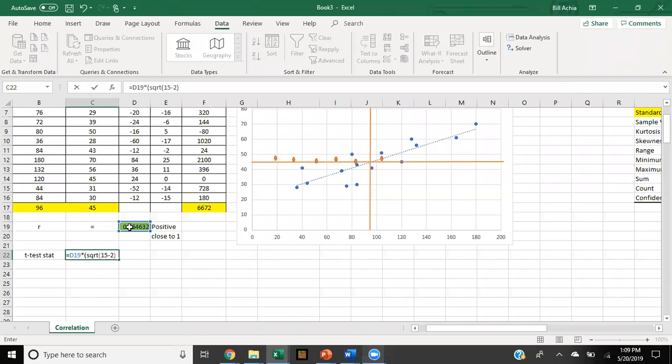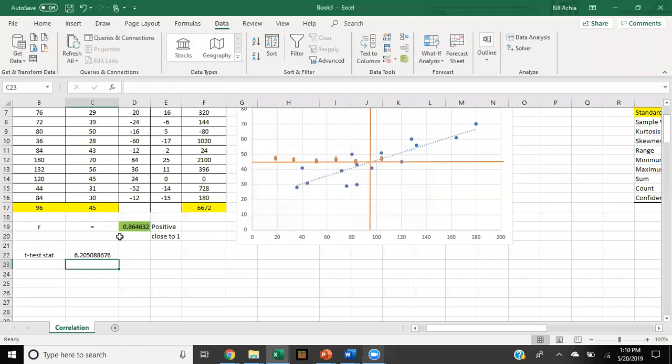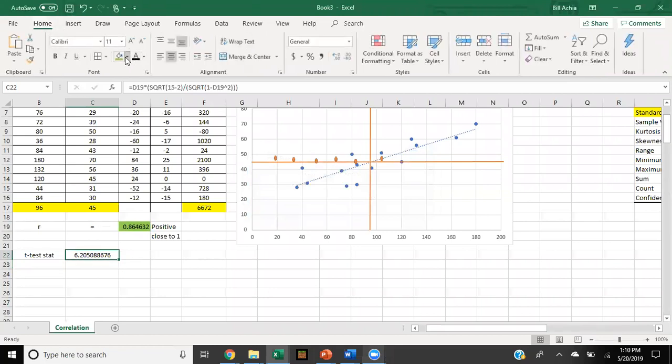And I'm going to divide all this by the square root of 1 minus r raised to the second power, which is r squared. Okay. And that gives you a number. Let's highlight that in yellow.